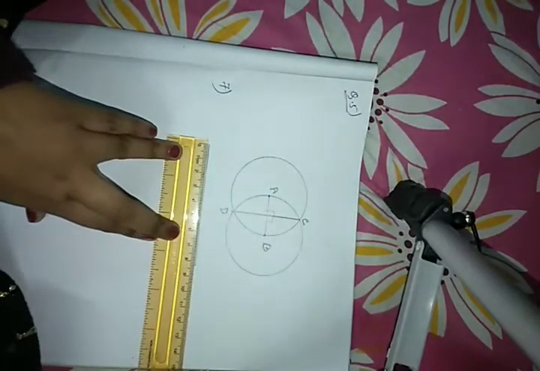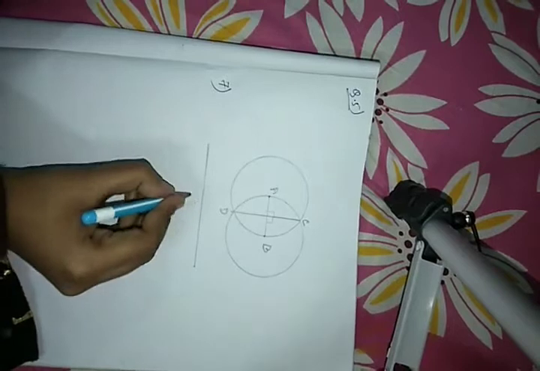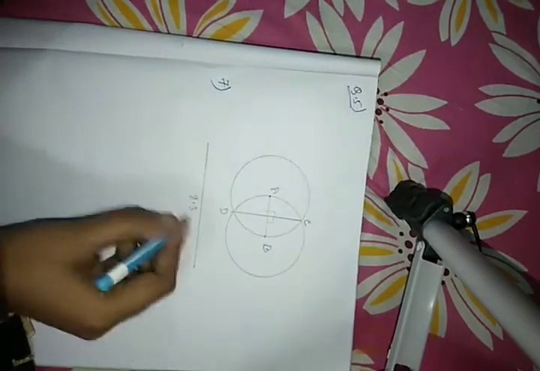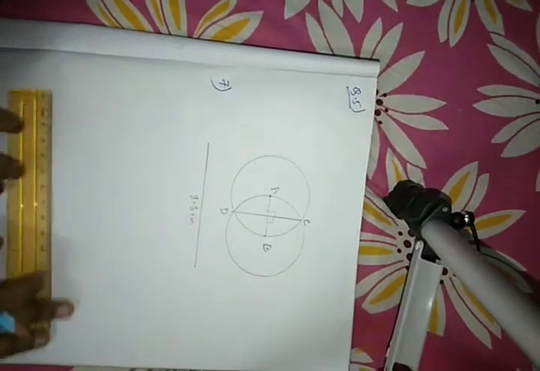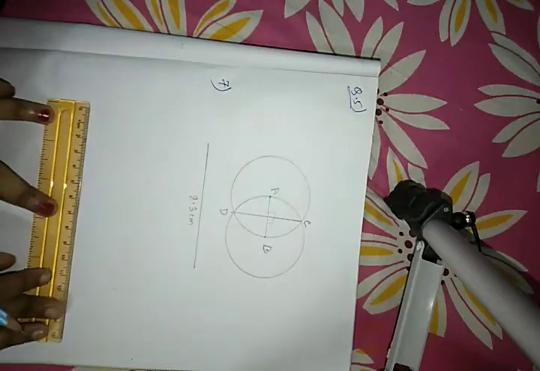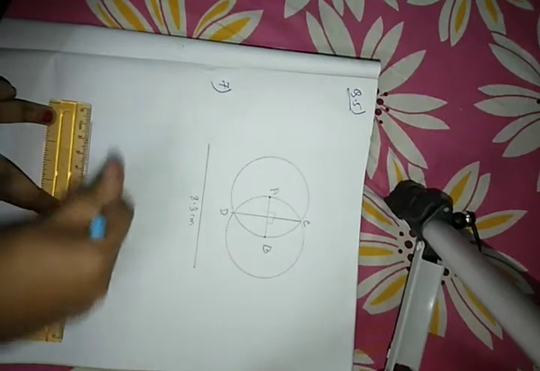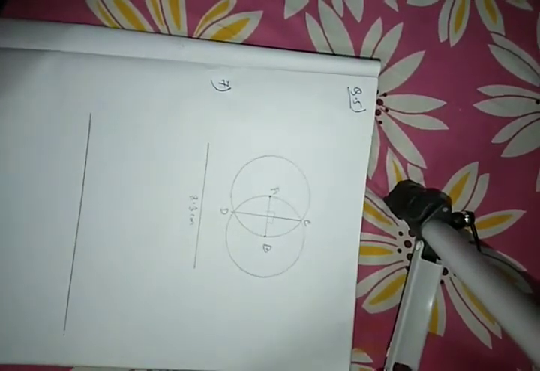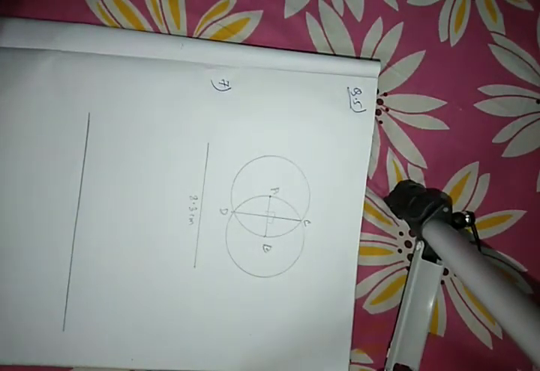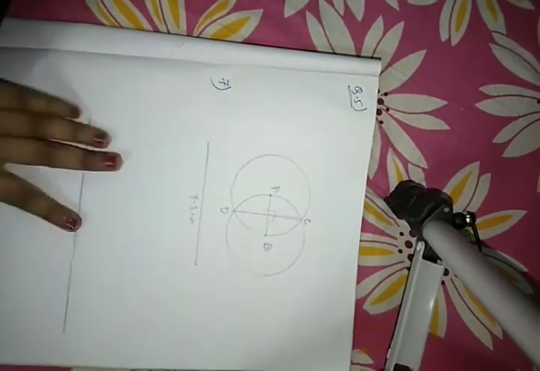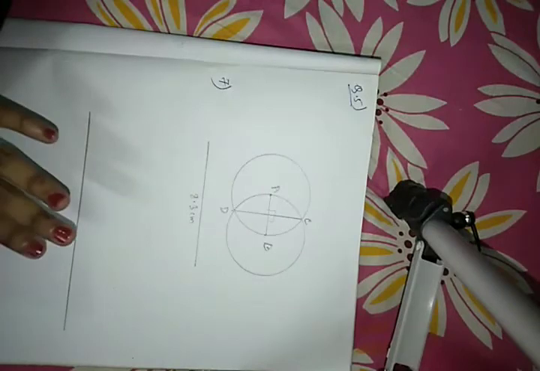So this is 8.3 centimeter. We will just write the length here. Now we will draw another big line, bigger than this line. We will draw here. Okay, now what will we do? Another length we have to cut from this line, which is 5.6 centimeter long.